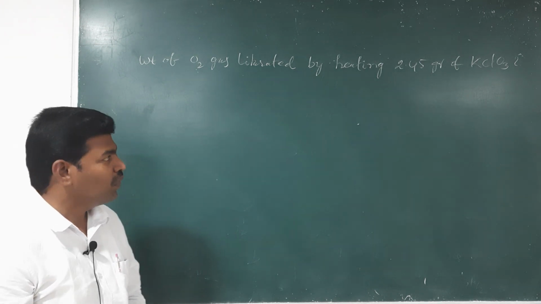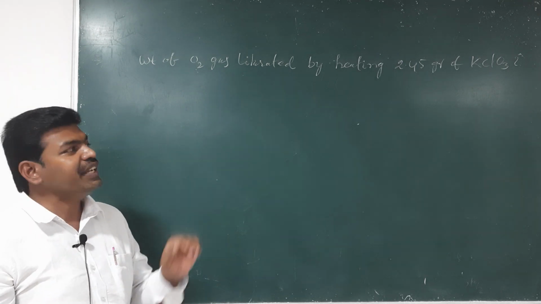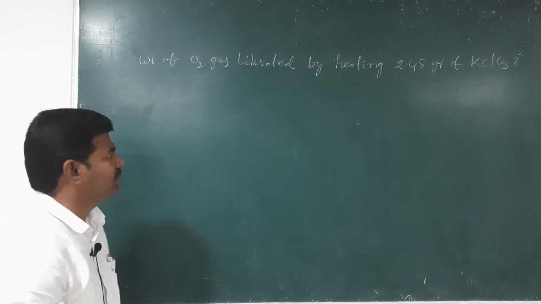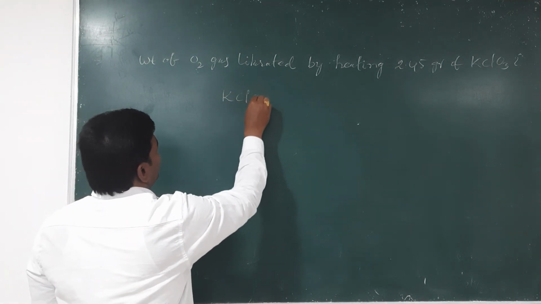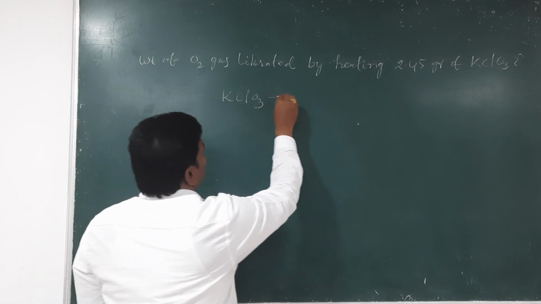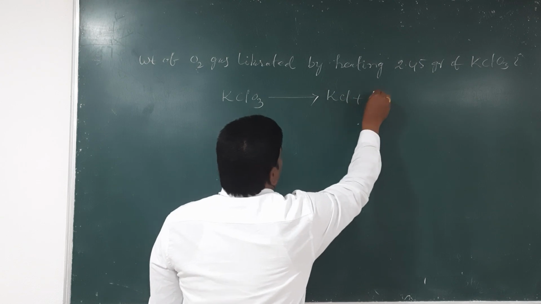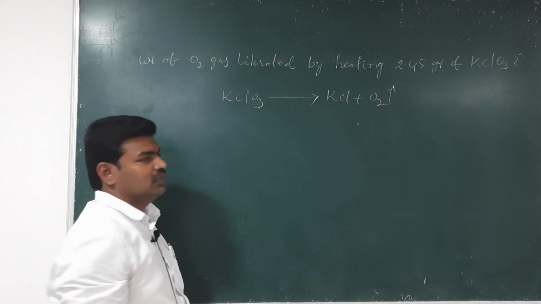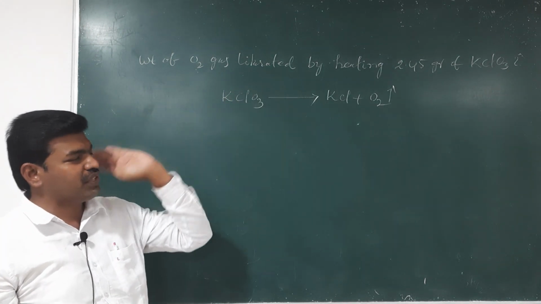That is, we can represent the chemical process, that is heating of potassium chlorate, by a chemical reaction as KClO3 gives rise to KCl plus O2 gas. This is the chemical reaction for that chemical process.